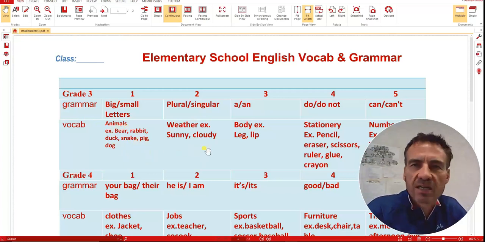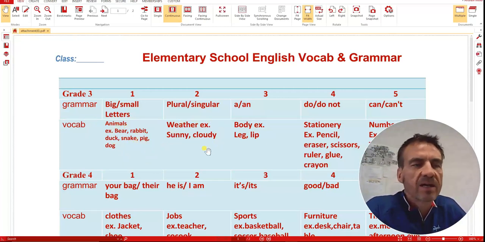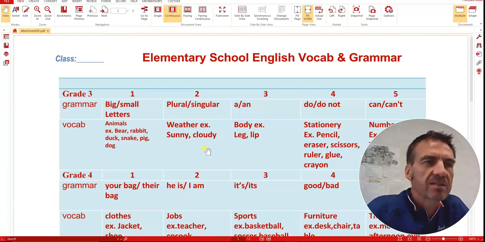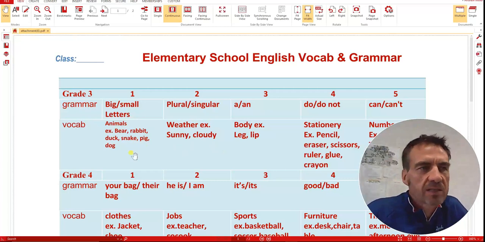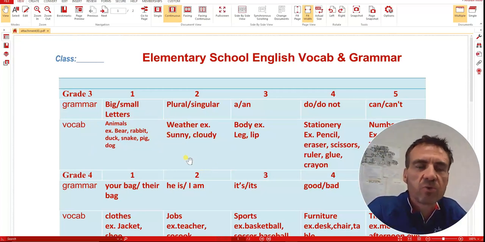There's really only sunny, cloudy, windy, snowy, maybe stormy or foggy. Roughly 6 they might get in elementary school. So for your micro lesson, that would be animals and weather. 16 words is good. I say choose around 20 words. That's sufficient number for a 20, 30-minute activity as a review activity.